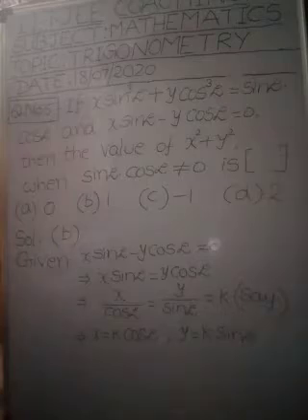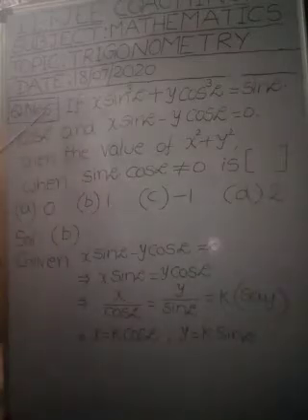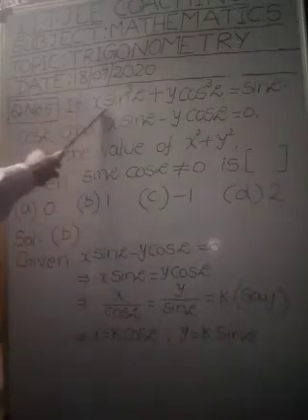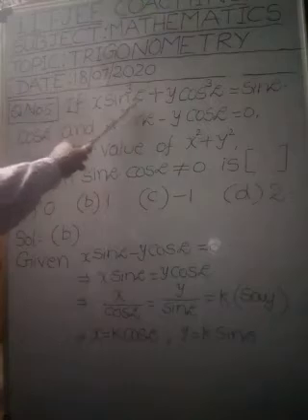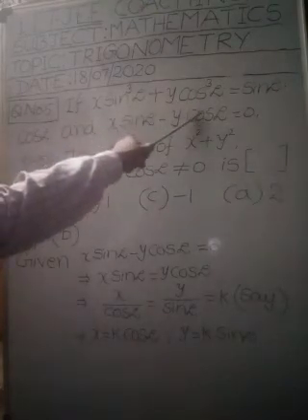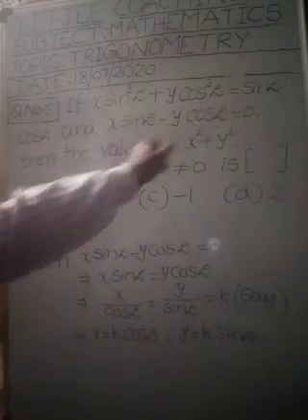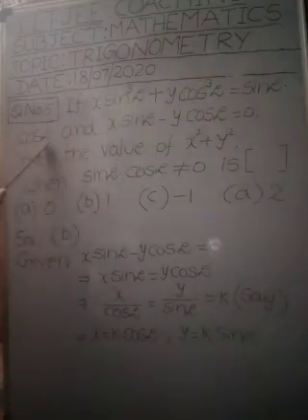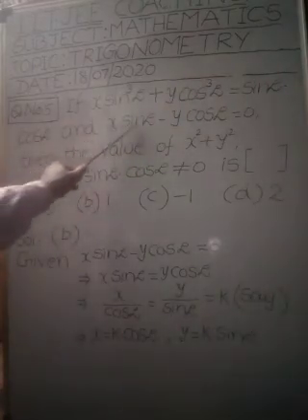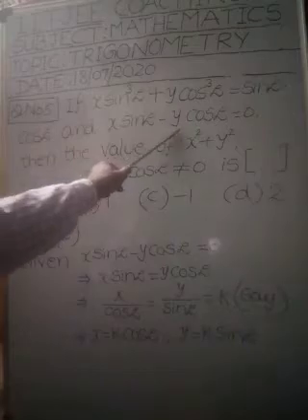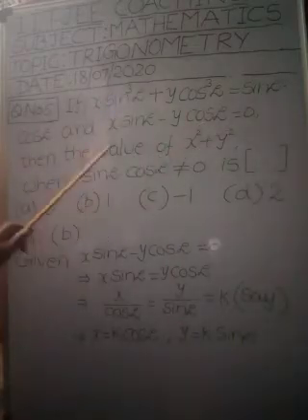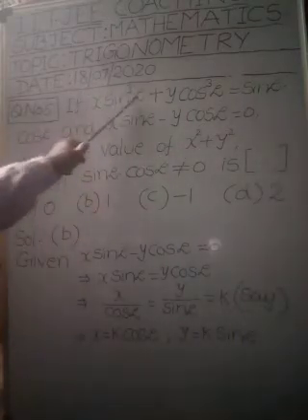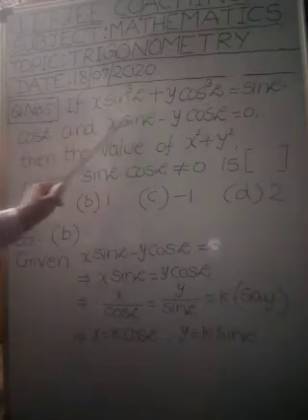Now come to the next question, that is question number 5. If x sin cube alpha plus y cos cube alpha is equal to sin alpha into cos alpha, and x sin alpha minus y cos alpha is equal to 0, we are given two equations. Okay, my dear children.